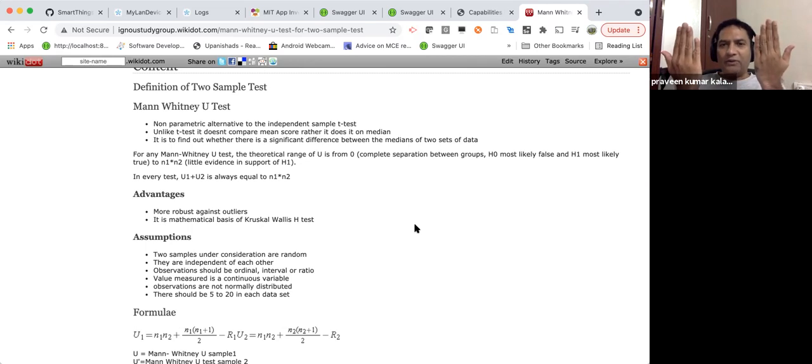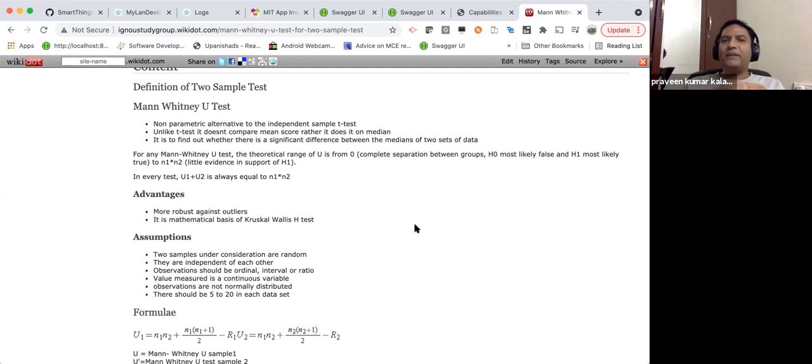To give an example, you compare MS psychology marks of male students and female students and conclude that gender matters, that these two groups are different. That means the performance of male students is different from the performance of female students. If that is the hypothesis you are drawing, the t-test is used.